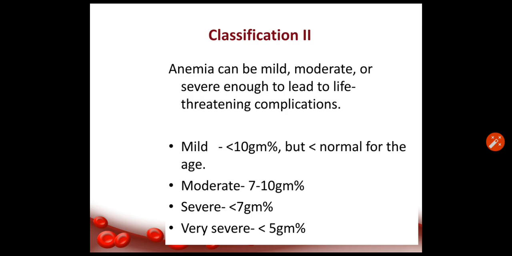So what is normal for that particular age, we have to consider, and if it is just less than that, it is mild anemia. Next is moderate, that is 7 to 10 gram percentage, and severe less than 7 gram percentage, and very severe if it is less than 5 gram percentage. So that is a classification of anemia. The second classification depends upon the severity of reduction in the hemoglobin concentration.